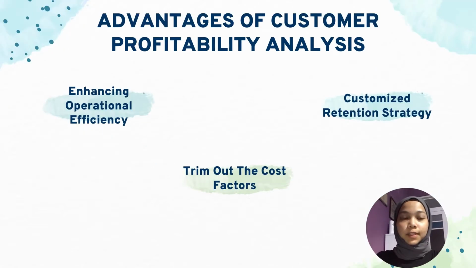Now we will see the calculation of customer profitability analysis using the activity-based costing. The general approach to CPA is based on segmenting the customer base to determine the revenues and costs attributable to each segment. This is often combined with activity-based costing, which is known as the ABC approach.